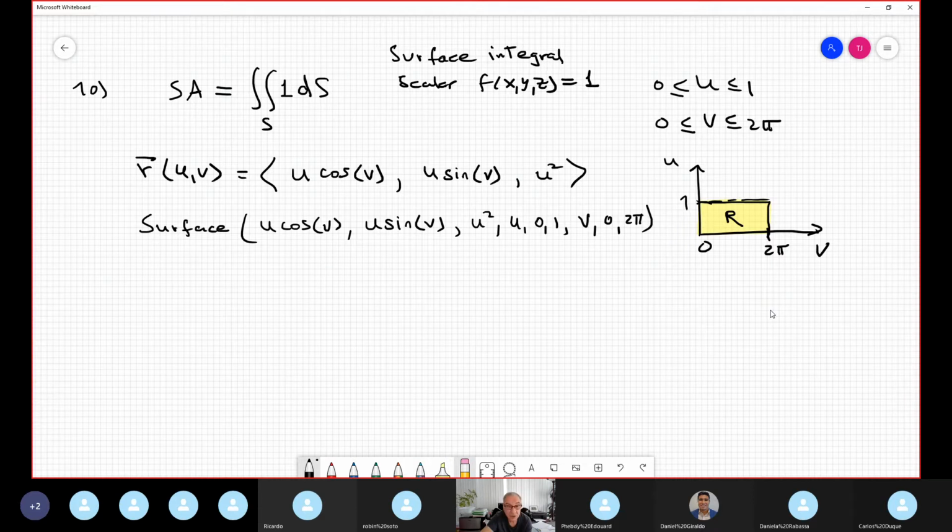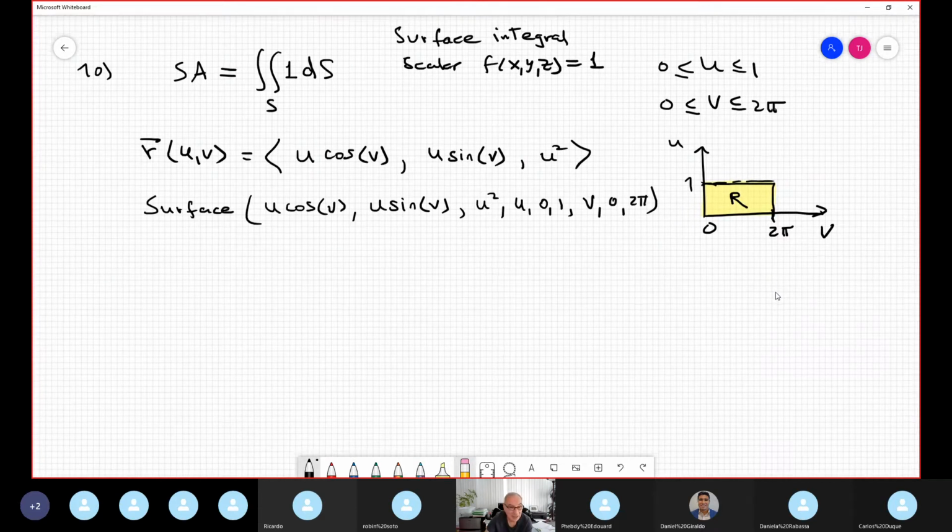Okay, so what should I do? Well, you apply the formula. You take the vector valued function in two dimensions and differentiate with respect to u. Let's do it. The derivative with respect to u is super easy: cosine v only, comma, sine v, because you consider v constant, and 2u.